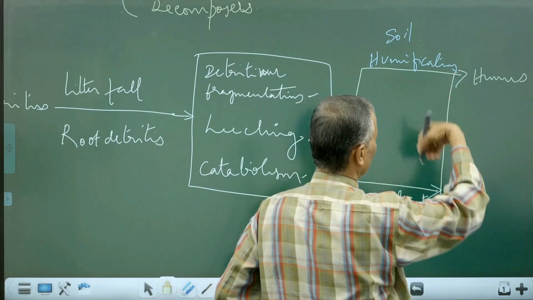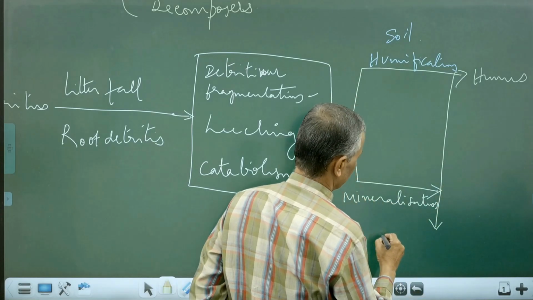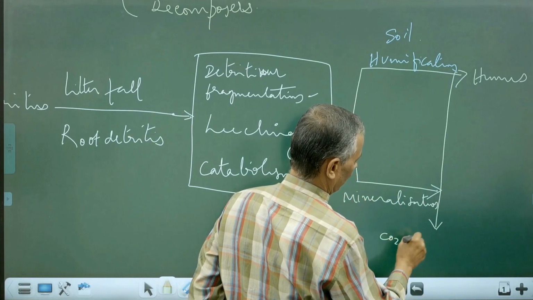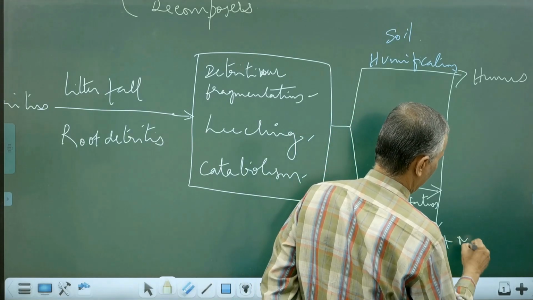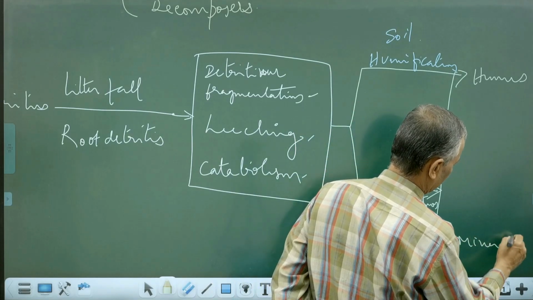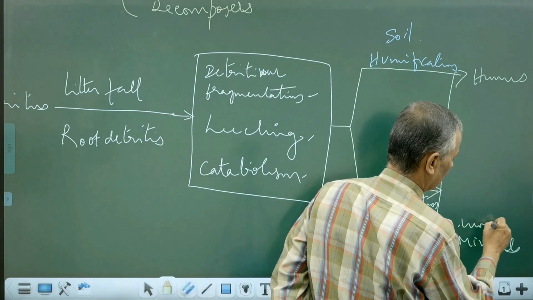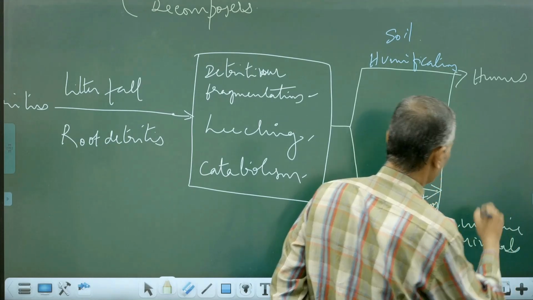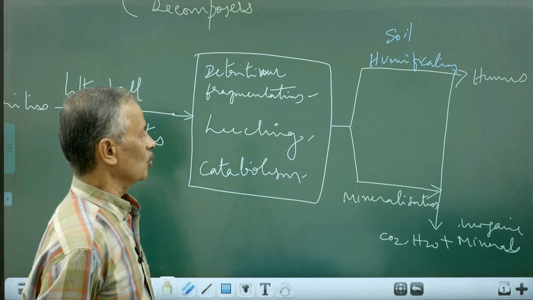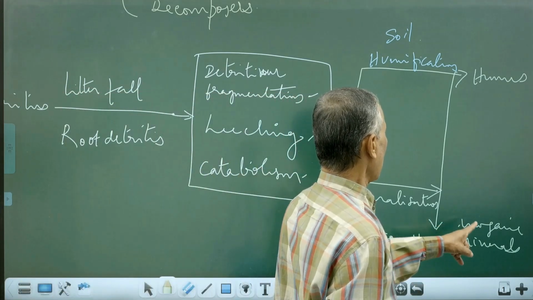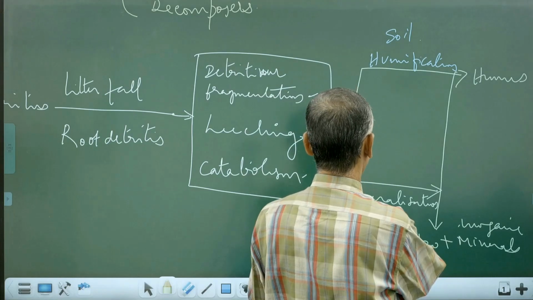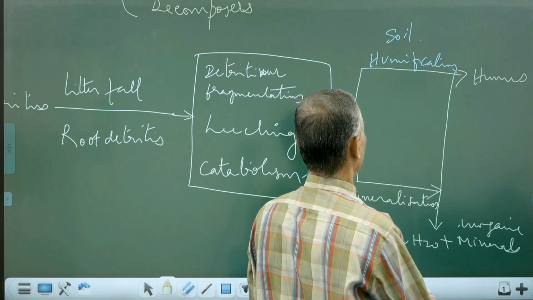As a result of that, carbon dioxide is released, along with water and inorganic minerals. So that complex organic material is finally converted into carbon dioxide, water, and inorganic minerals. That is called mineralization.